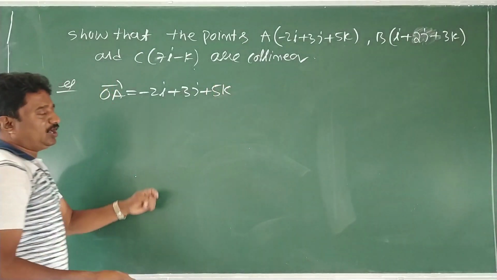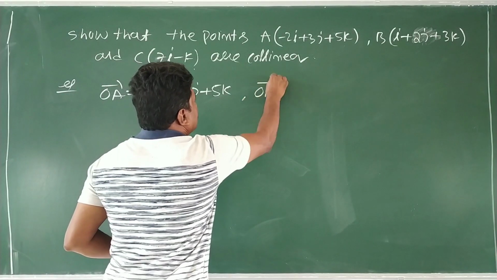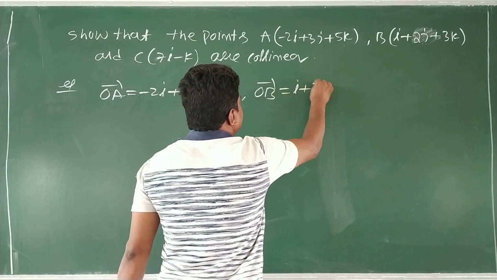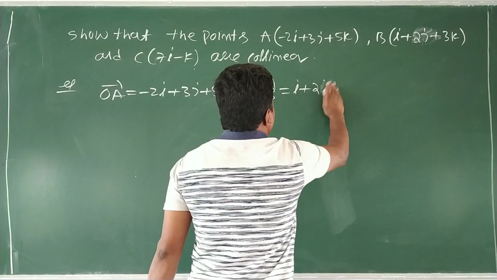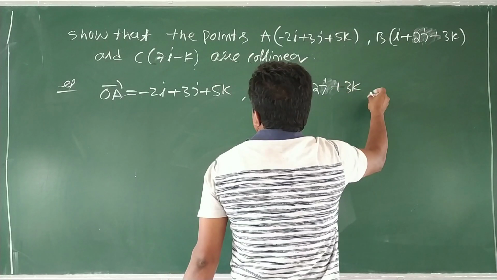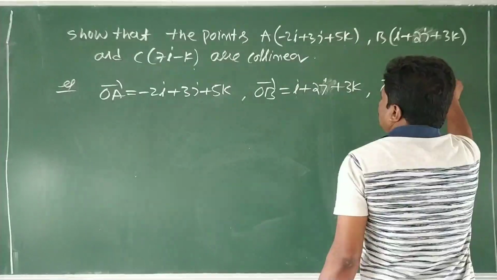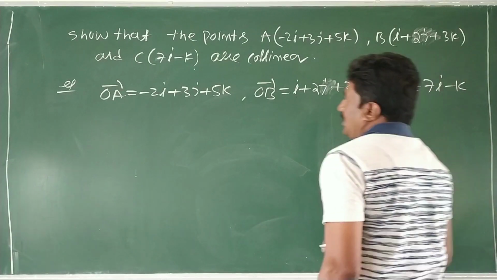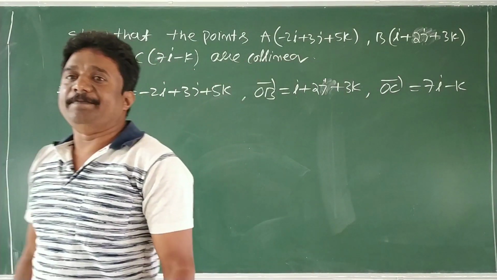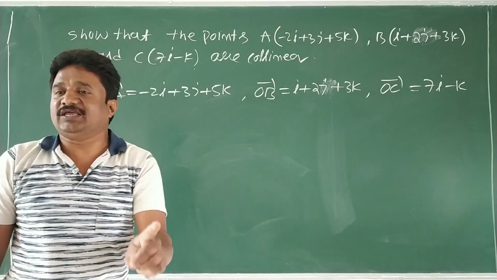Vector OB equals i plus 2j plus 3k. Vector OC is equal to 7i minus k.